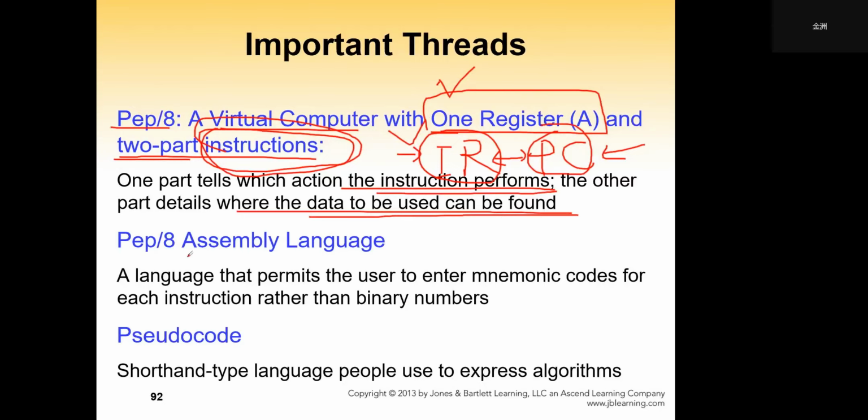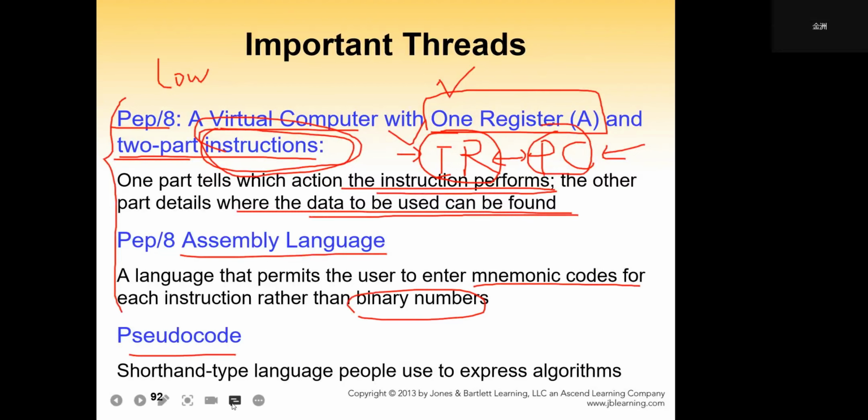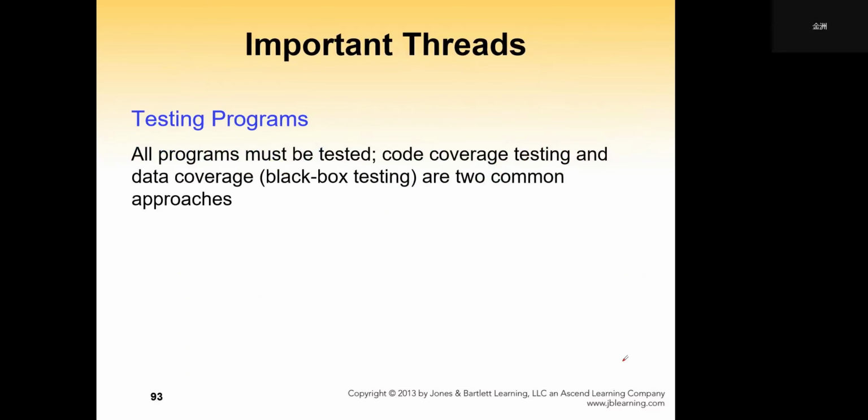And then we talked about assembly language, a language that permits users to enter mnemonic codes for each instruction rather than binary numbers. But all these are low level programming languages. And we also talked about pseudocode, right? It is a shorthand language that people can use to express an algorithm.